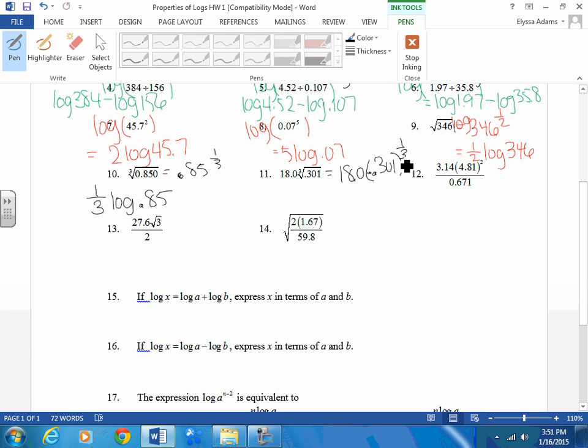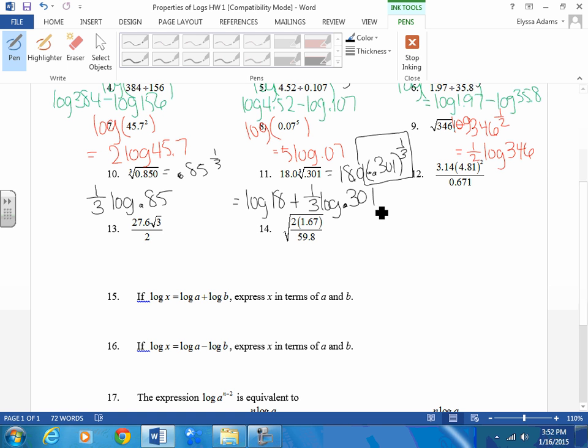So when we take the log of this, it's a combo because we've got multiplication and a power. So this is going to be the log of 18 plus, because I've got multiplication, and then when I take the log of this part, I've got to pop that 1/3 out in front. So it's going to be 1/3 times the log of 0.301.